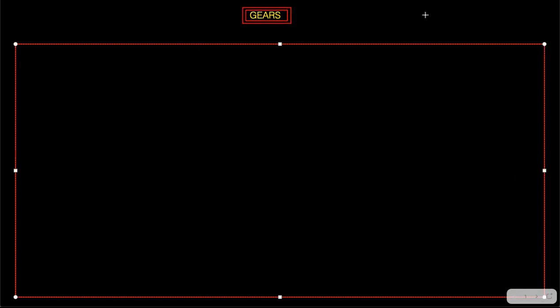So on the basis of what are we going to classify the gears? On the basis of relative orientation of the axis of the shafts. It means how are the axes of the shafts being oriented, right? So classification on the basis of orientation of the shaft.